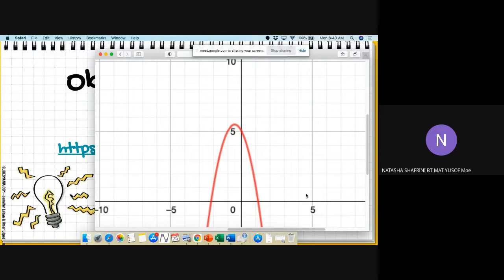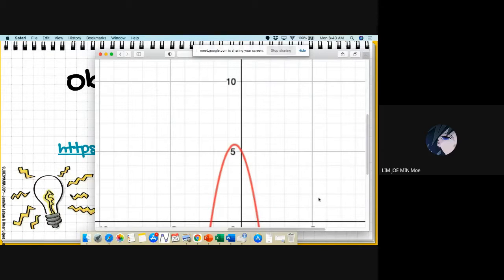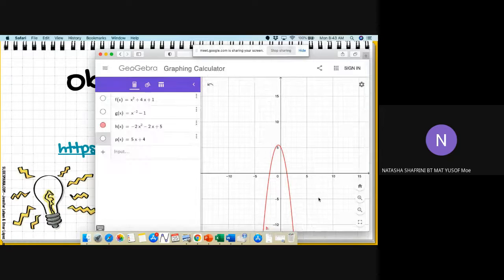Boleh bagi dalam fraction, boleh bagi decimal number. Okay, and y coordinate dia? 5.5. Yes, correct. 5.5. Betul. So the coordinates point of maximum point is negative 0.5, 5.5.